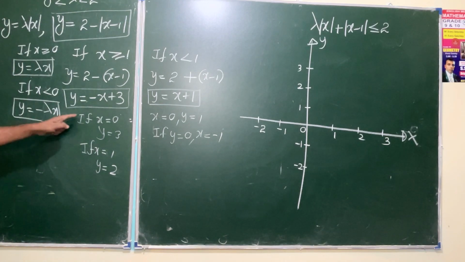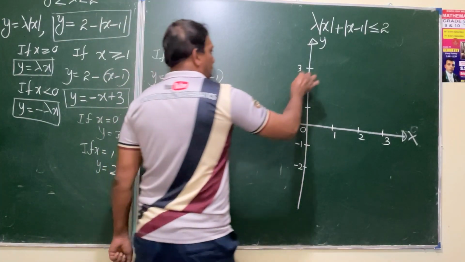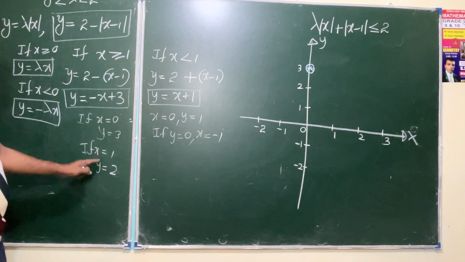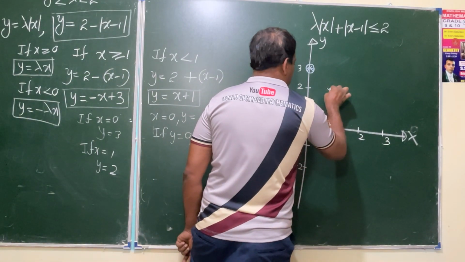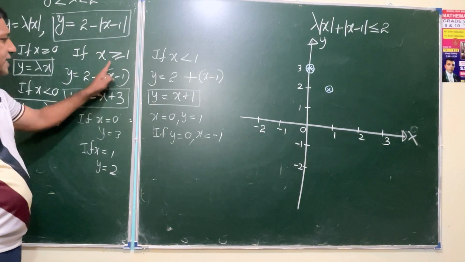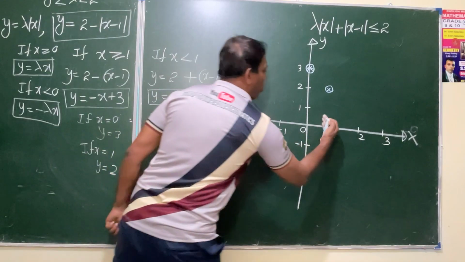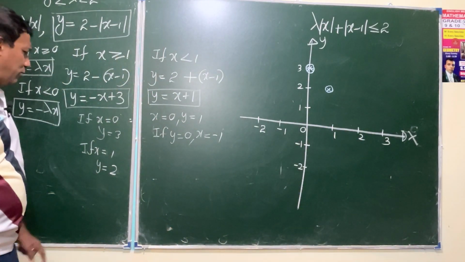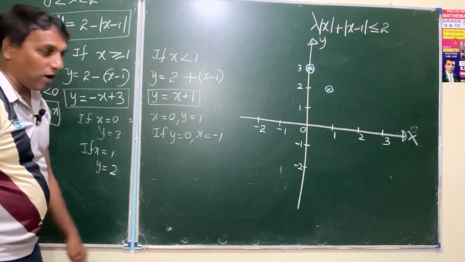y equals minus x plus 3. x is 0, y is 3. x is 1, y is 2, right? But for this graph, the portion available is x greater than or equal to 1 only. Therefore, I can find another point. Put x as 2.